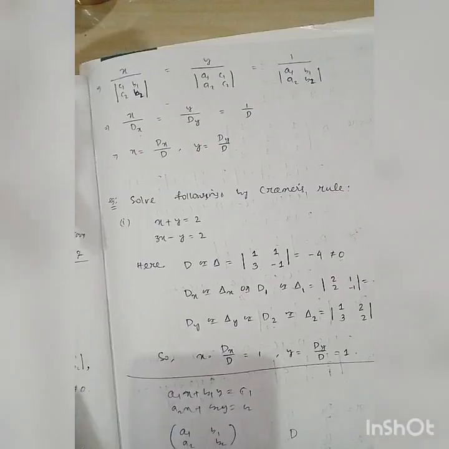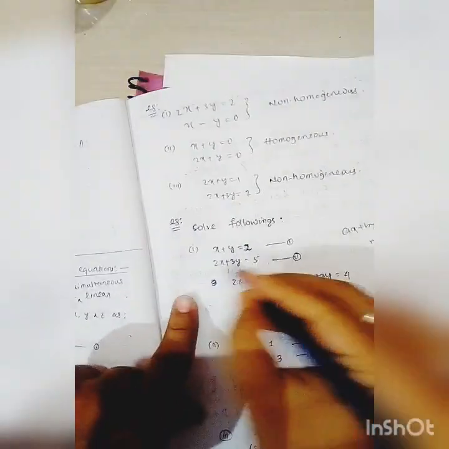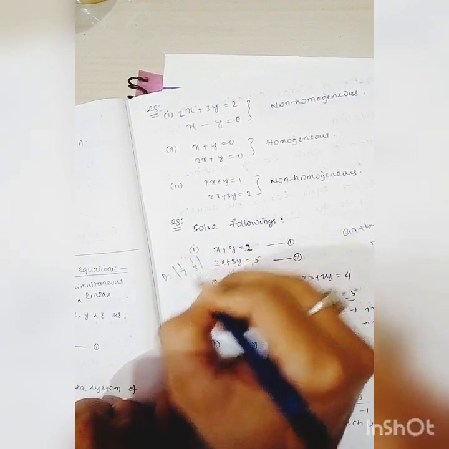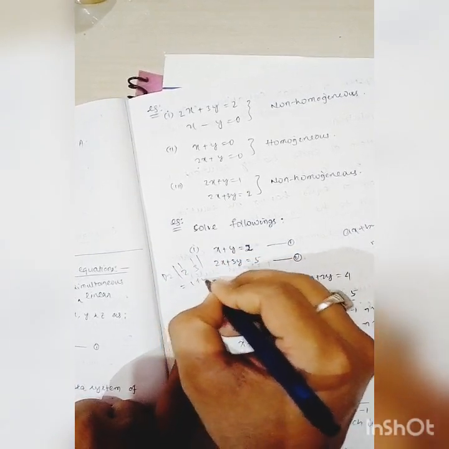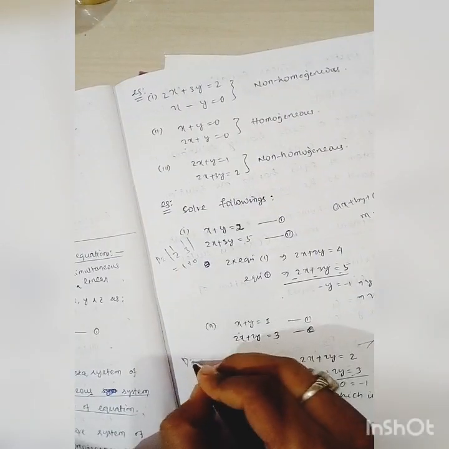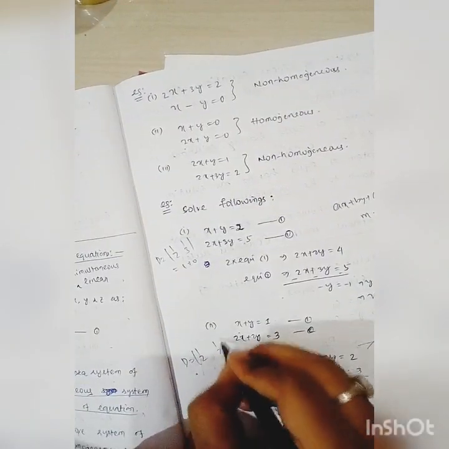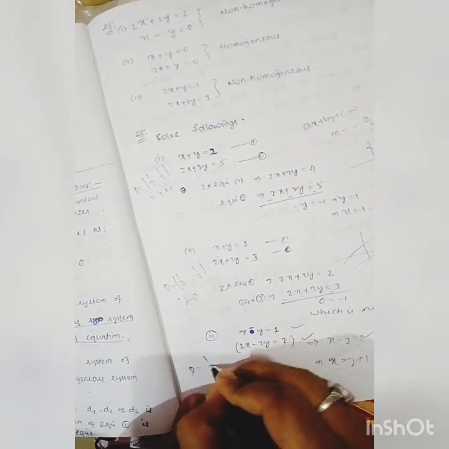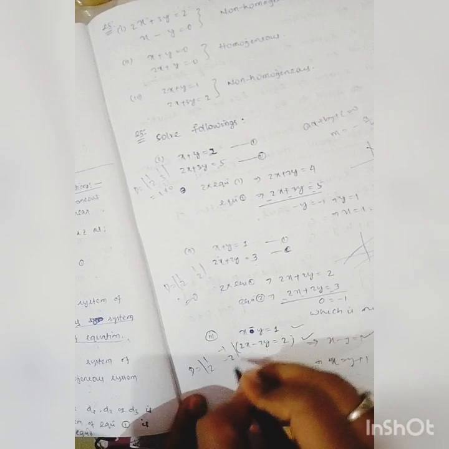For example, in this system of equations, D equals 1 2 1 3, which is 3 minus 2, 1, not equal to 0. In this matrix, D is 1 2 1 2, which is 0. In this system of equations, D is 1 2 minus 1 minus 2, which is again 0.